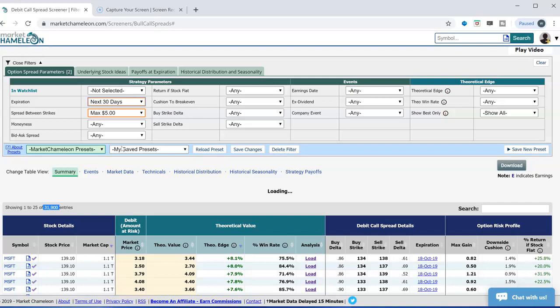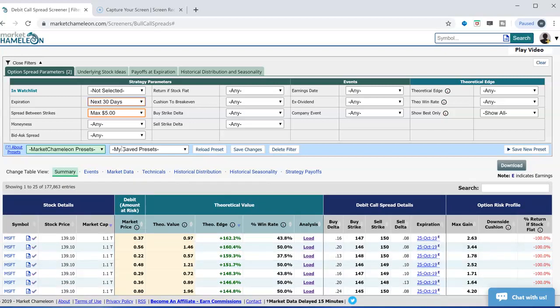How do you narrow it down so it meets a certain parameter and you can see the best ones for that particular stock, all lined up in one place? I just reloaded all expirations within the next 30 days, and now we have 177,863 potential candidates. The next thing we want to do is narrow it down.